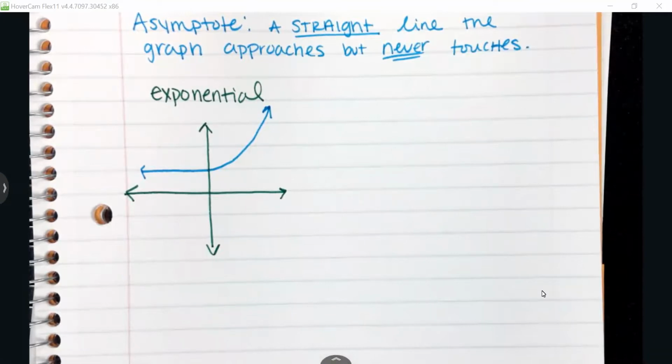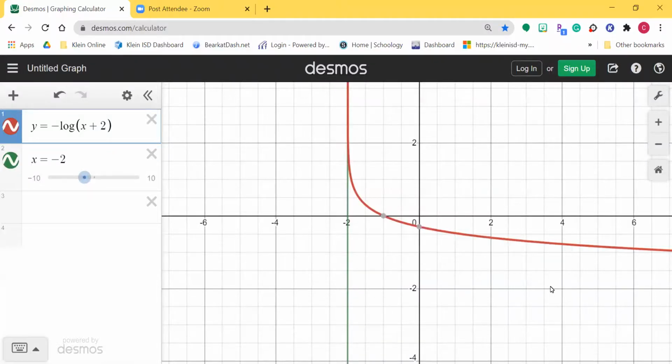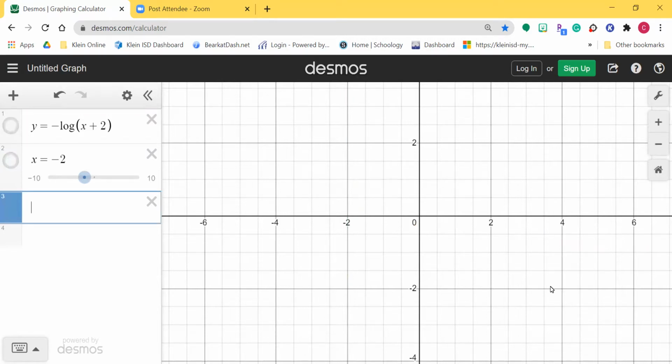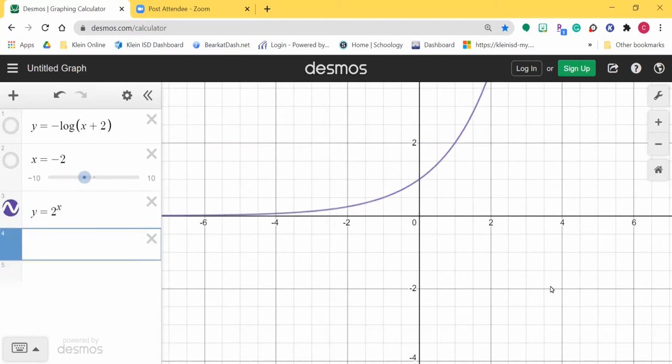So let me see if I can do this. My graph, okay, which that's the wrong graph. Hold please, because I was helping somebody earlier. Y equals.